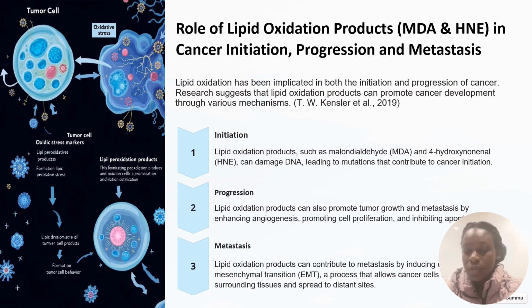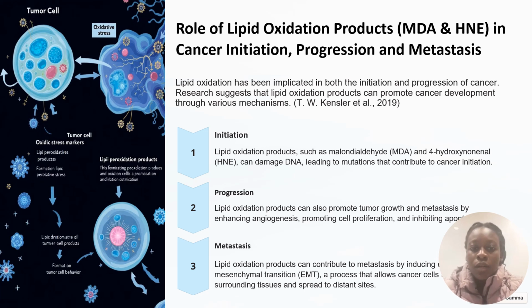Now, moving on. So apart from the reactive oxygen species and the peroxides produced through beta oxidation in the peroxisome, there are also other metabolite products like MDA and HNE that are produced when lipid oxidation occurs. So I would also like to talk about how these products also affect cancer initiation, progression, and metastasis.